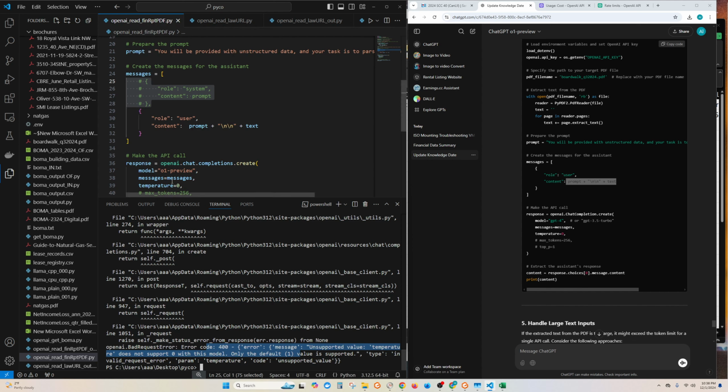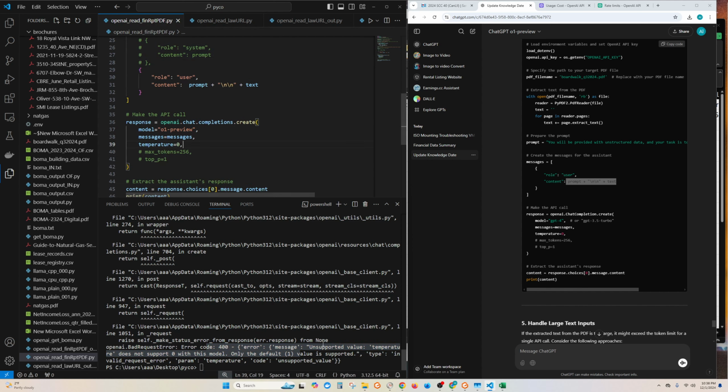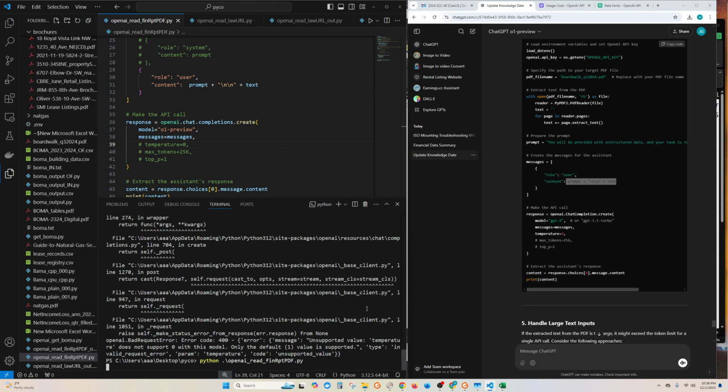Another one. Oh, it doesn't support temperature. Weird. Okay. Cool. You can tell I've done this lots before. Cutting the cheese fresh just for you folks. Real fresh. Let's see. What are we gonna get?